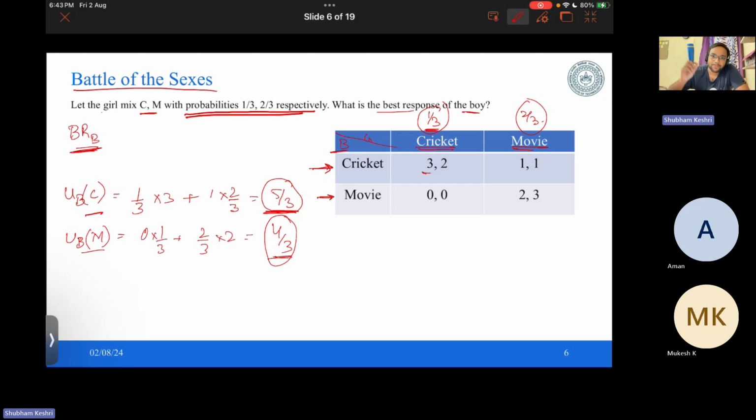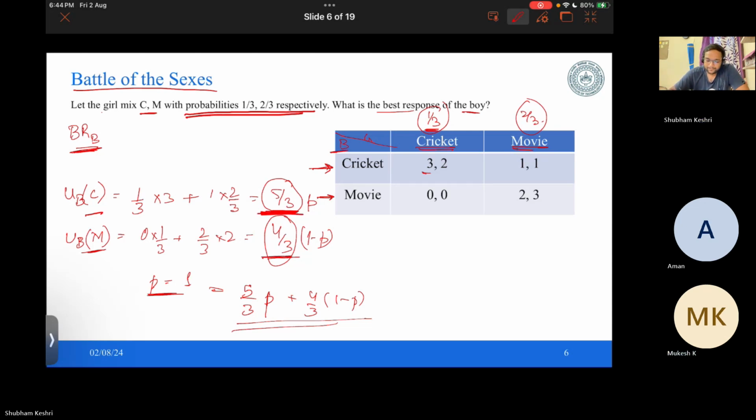What will be his best response to maximize his utility? What should be the probability so that his utility is maximized? You see, if he's playing cricket with P and movie with 1 minus P, his utility will be 5/3 times P plus 4/3 times 1 minus P. When P equals 1, his utility is maximum, because 5/3 is greater than 4/3. So he will play a pure strategy, which is always cricket.